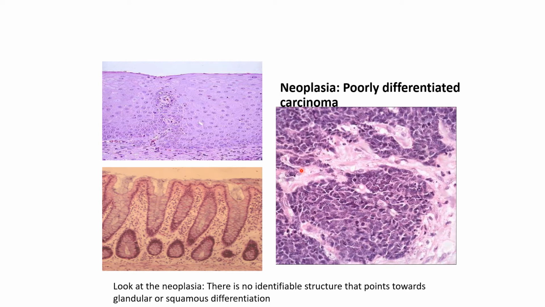It doesn't have any identifiable structure that points towards glandular or squamous differentiation. The only way we can know that this is a carcinoma is when we do immunohistochemistry using antibodies that can detect the presence of epithelial antigen. So this is a poorly differentiated carcinoma because there is no identifiable structure that points towards any differentiation.